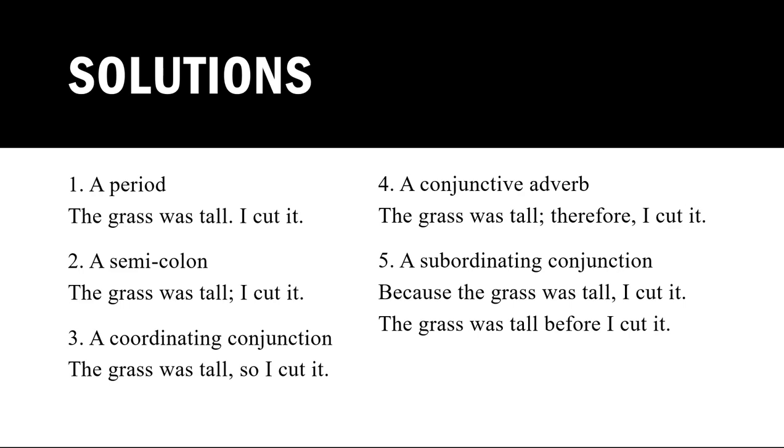However, I could put the subordinating conjunction in the middle, in which case I will not use the comma. The grass was tall before I cut it. In the first example of a subordinating conjunction, because signals reason or cause, and before shows time.